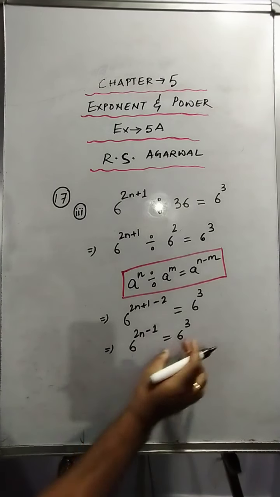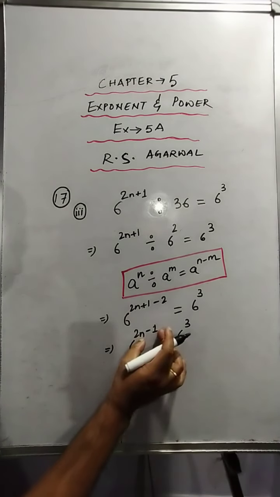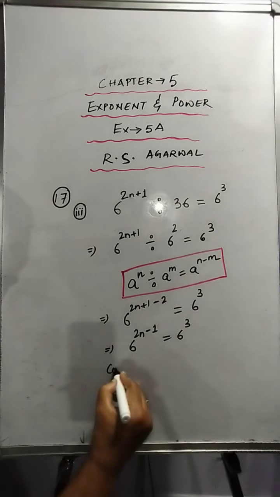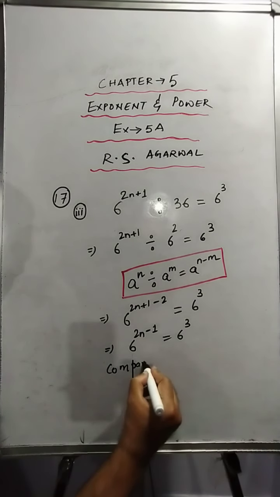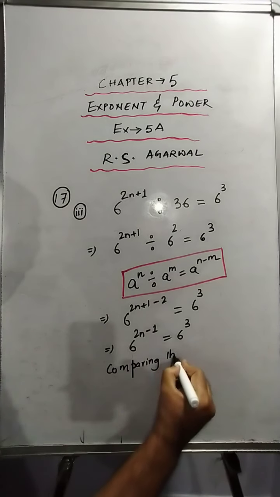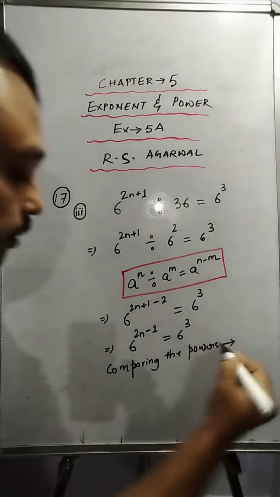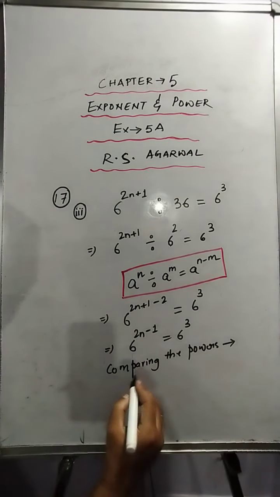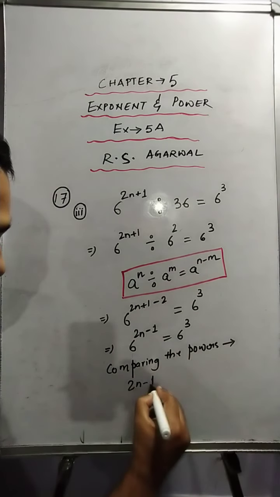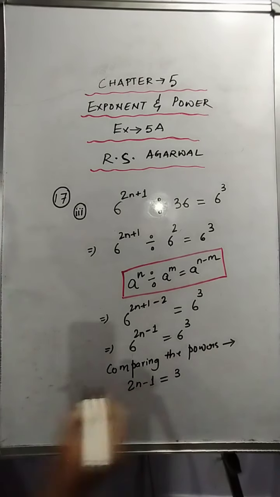Now both the sides are carrying the same base. So we'll now compare the powers. So comparing the powers, that is 2n minus 1 equals 3.